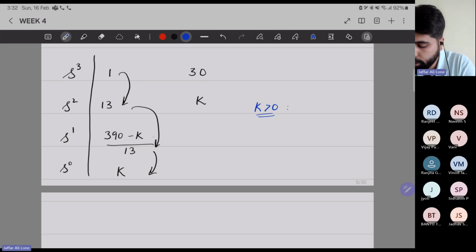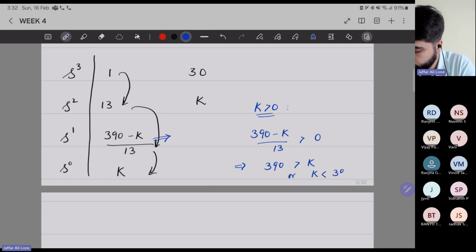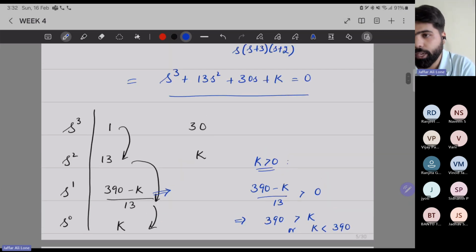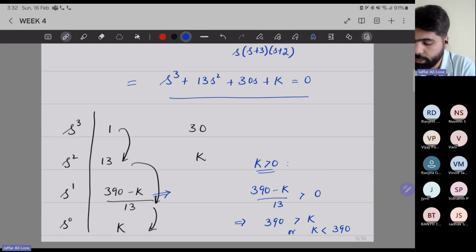The second condition will come from this term. This (390 minus K) divided by 13 should be greater than 0. It implies 390 should be greater than K, or K should be less than 390. So we got the condition for the system. The range of K for which the system is stable is 0 less than K less than 390.